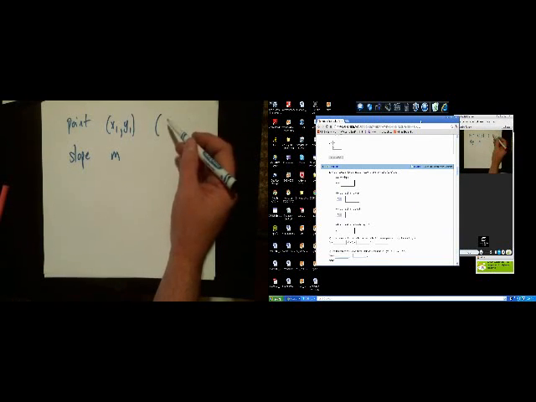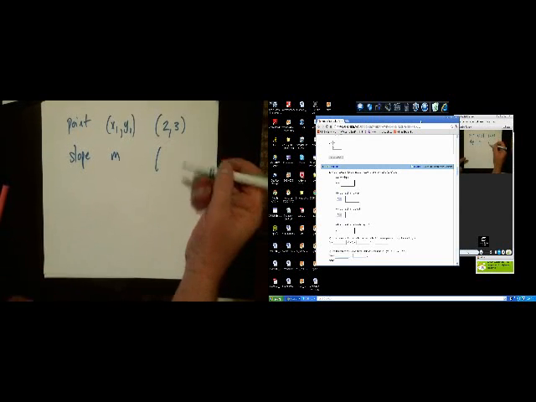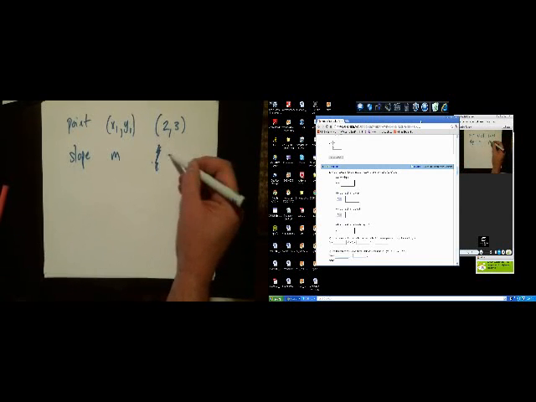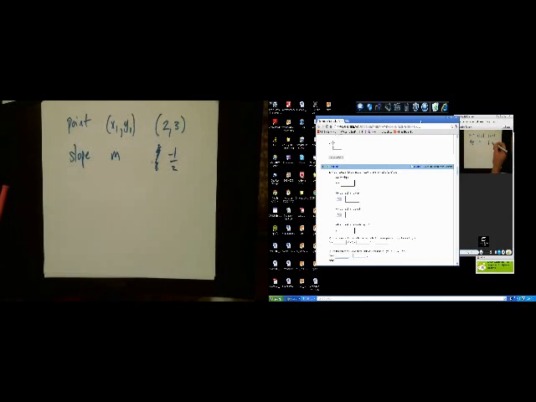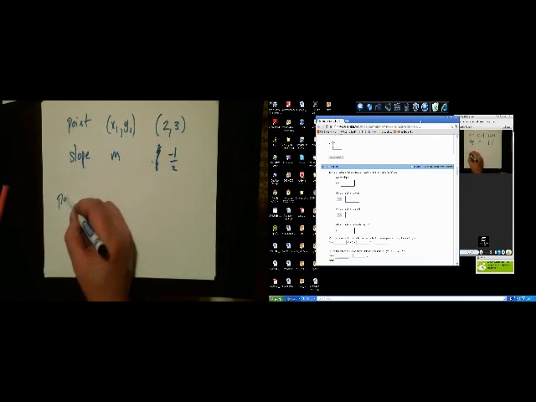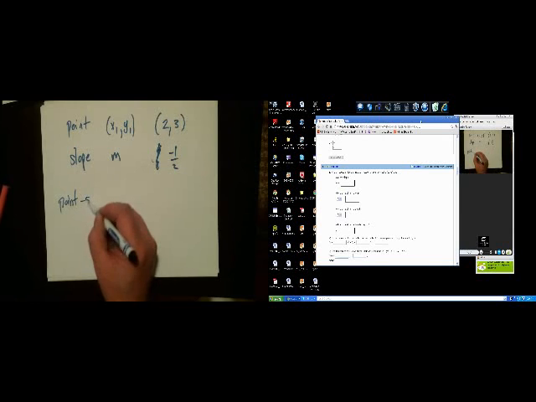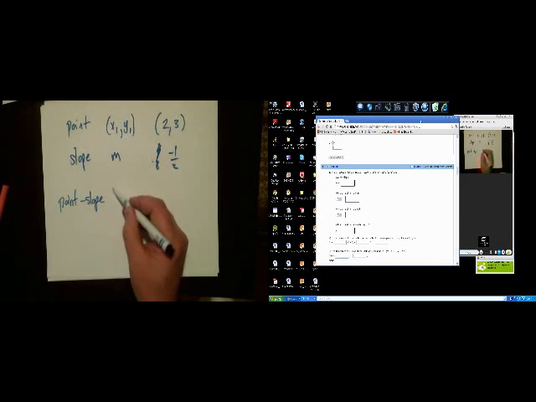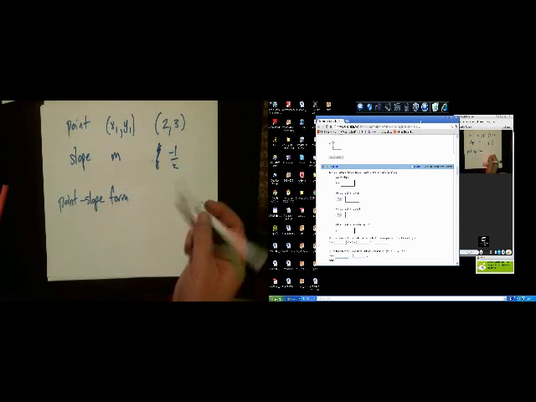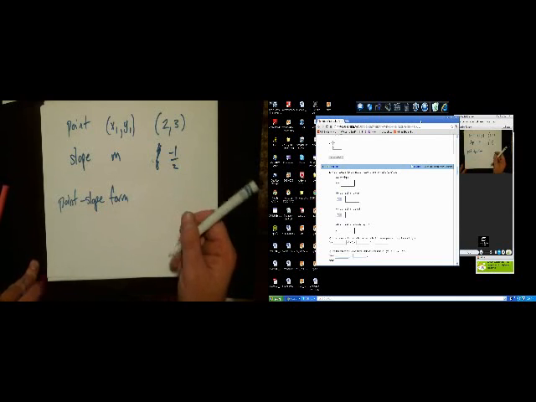Let's say we have a point 2, 3, and our slope is negative 1/2. How do you make the line? The recipe is called point slope form. Do you remember the equation? I don't.